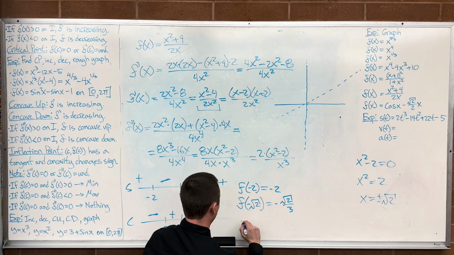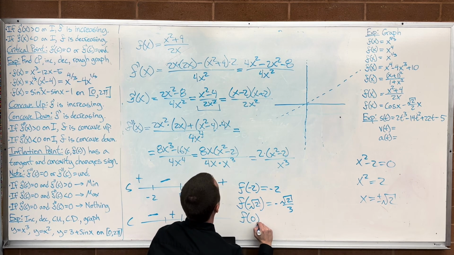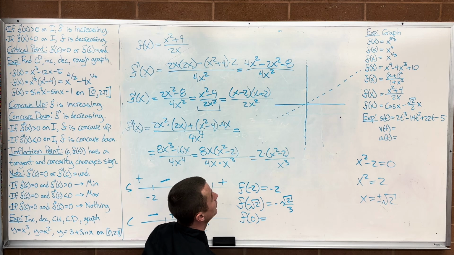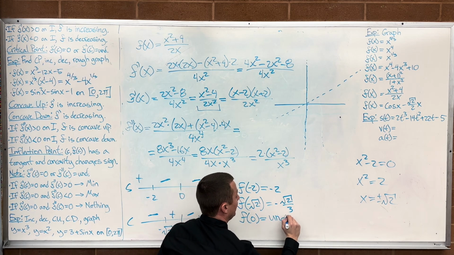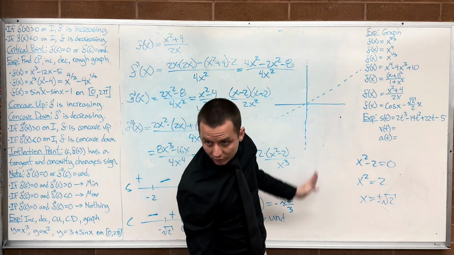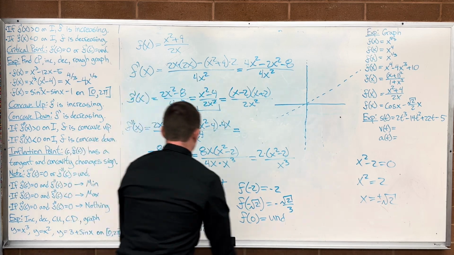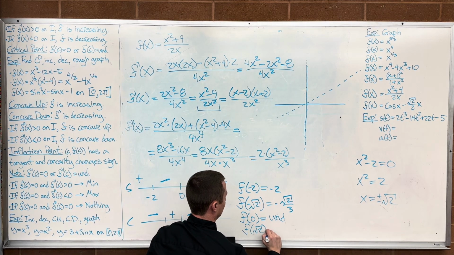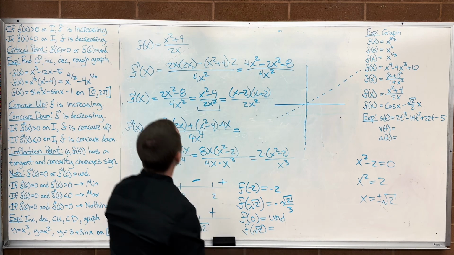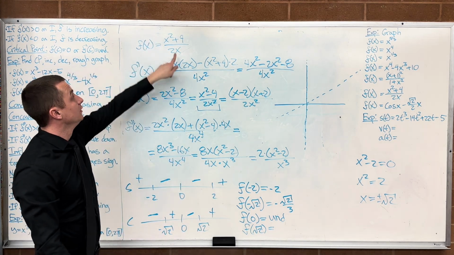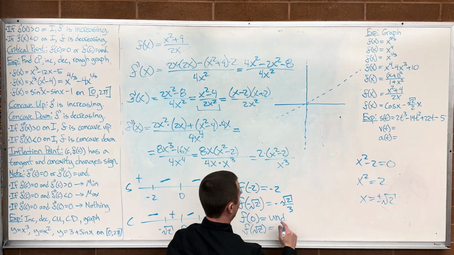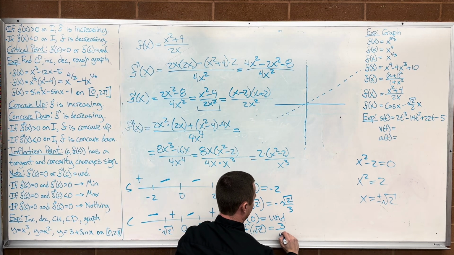Let's look at f of 0. What do I get if I plug in 0? You get undefined. That's how we knew that we had this vertical asymptote. We made the denominator 0. And then f at square root of 2, what do we get? 6 over 2 square roots of 2, or in other words, 3 over the square root of 2.